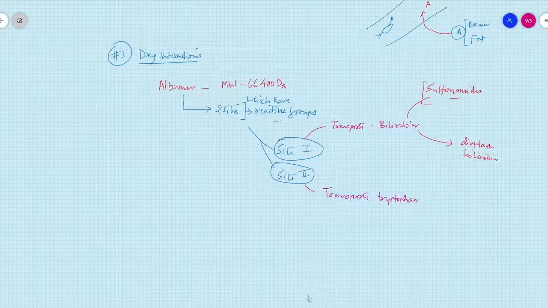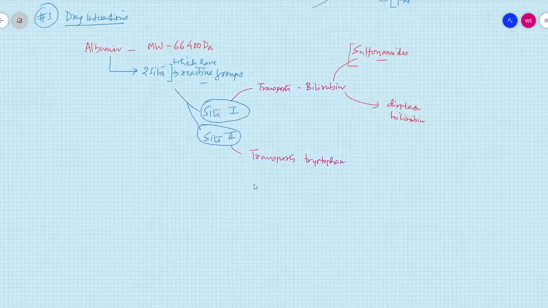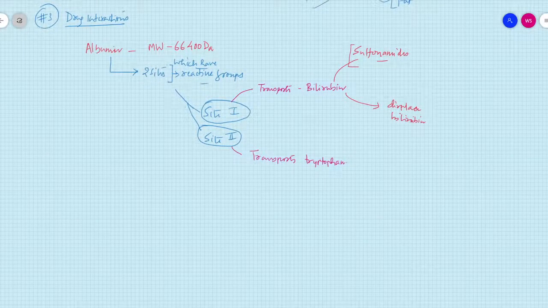Okay, so there are certain drugs that bind to site 1 preferentially. Let's have a list of those drugs which bind to site 1.